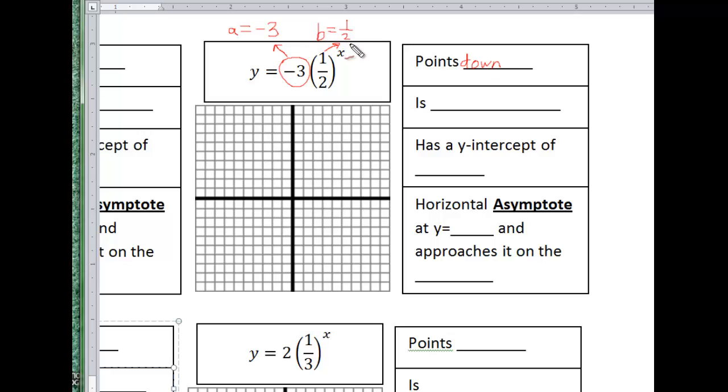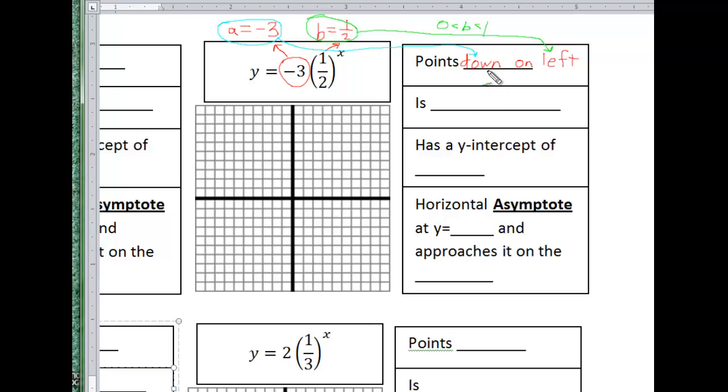B is 1/2, so B is between 0 and 1, which means it's going to be on the left.